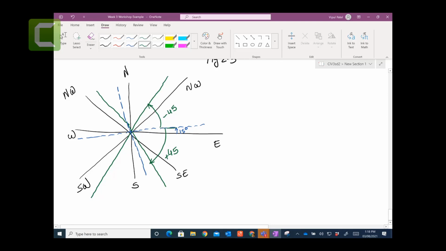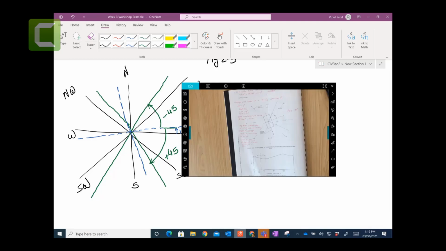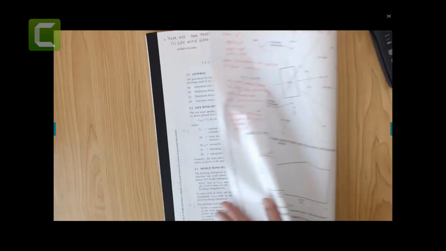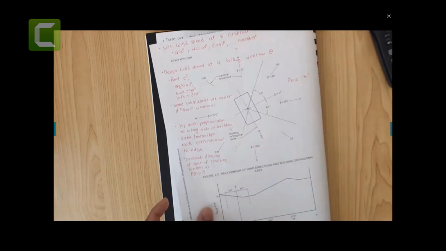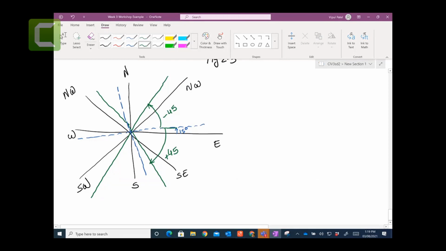From this line. I hope it makes sense. I think it's a little bit complicated, but I will tell you how it's working. This is the one that's telling me to do that. From your theta, you take plus and minus 45. So from this theta, which is theta equal to 0, I take 45 minus and I take 45 plus.